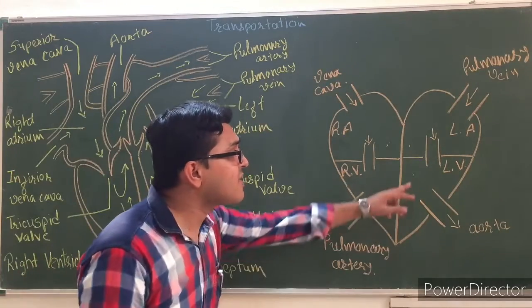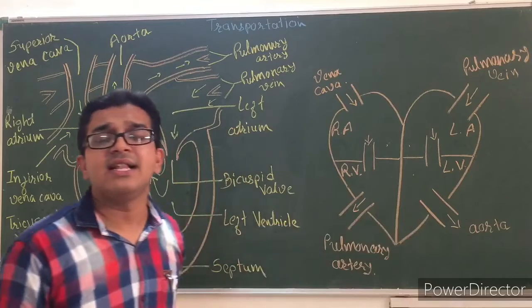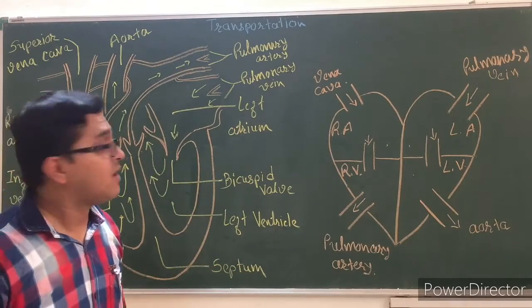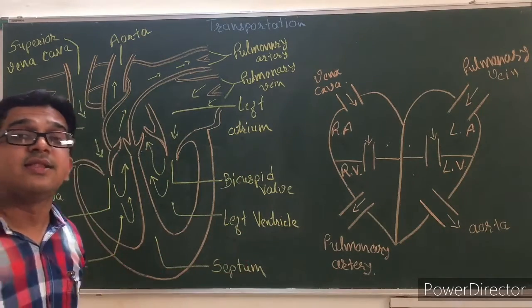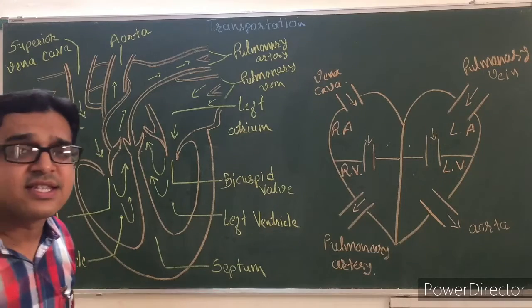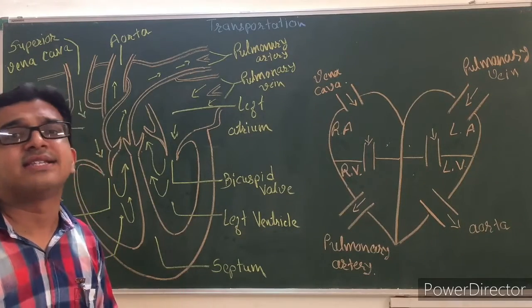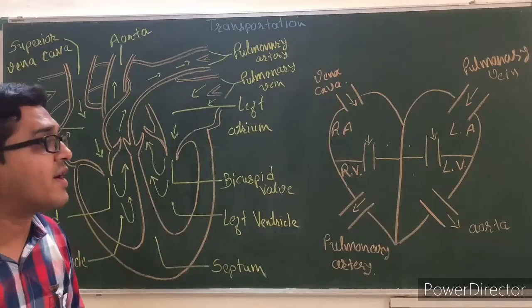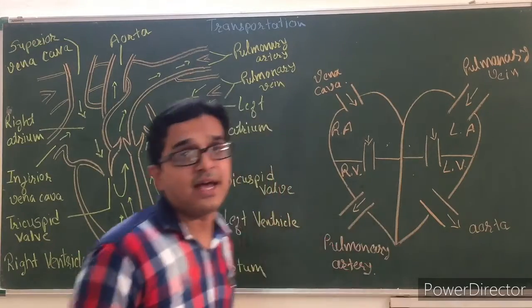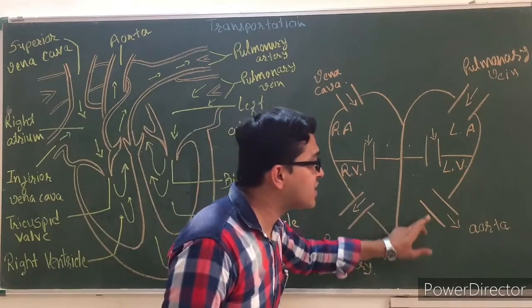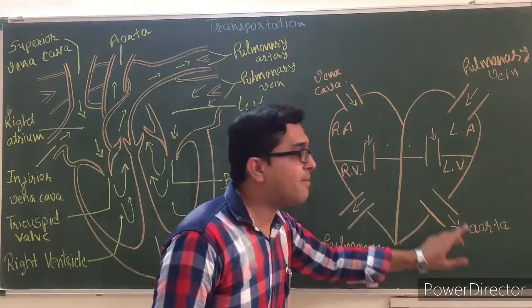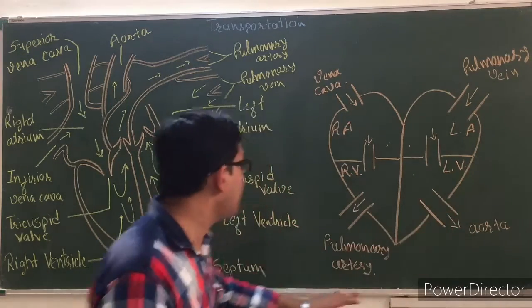Similarly, from the left ventricle, the oxygenated blood now passes to various parts of our body through the aorta. Again, this is not actually the location of the aorta, but it is just for our understanding only.